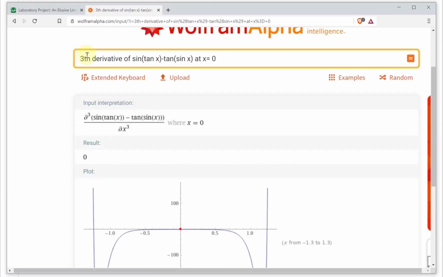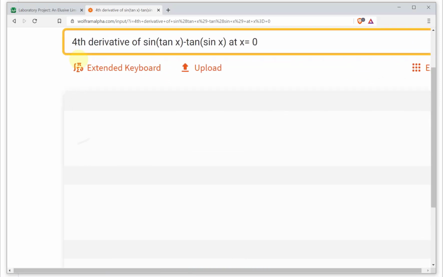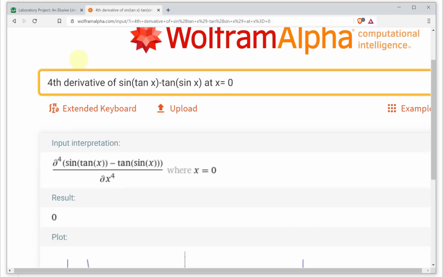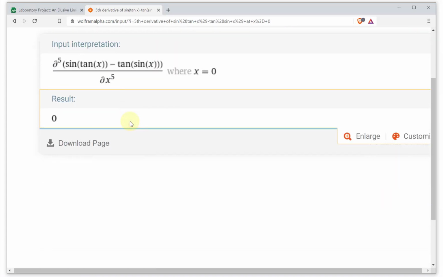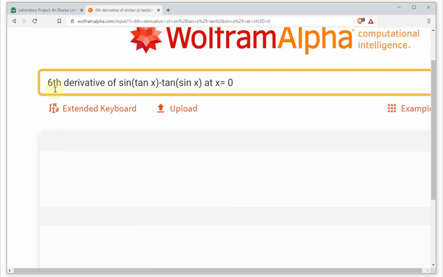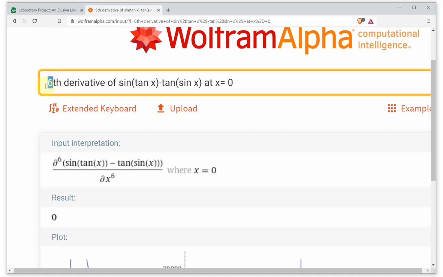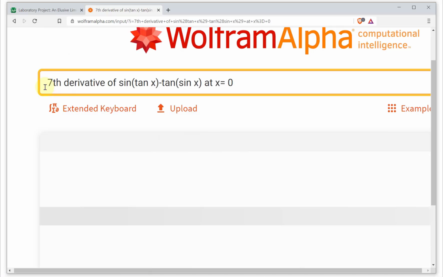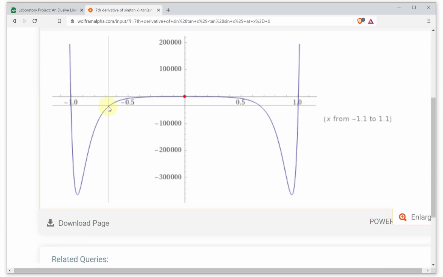Go to 4, calculate and zoom in more, and it's 0. Let's calculate 5, and it's going to be 0. The graphs look pretty cool there. The sixth derivative is going to be 0, and there's the graph. And then the seventh one, negative 168, and there's the graph like that.